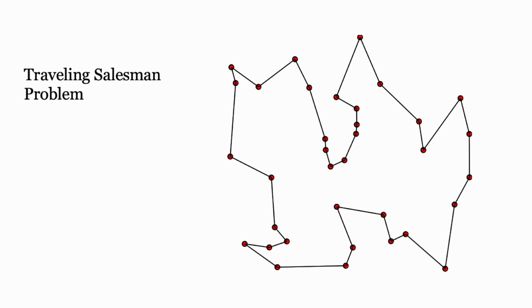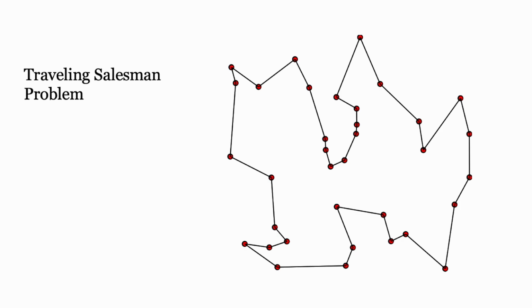The goal is to find the shortest possible route that visits each city exactly once and returns to the starting city. For those who are not familiar with this problem, this may seem like a trivial problem at first, but the number of potential solutions grows exponentially. And it's not feasible to check all solutions beyond, let's say, a small number of cities.